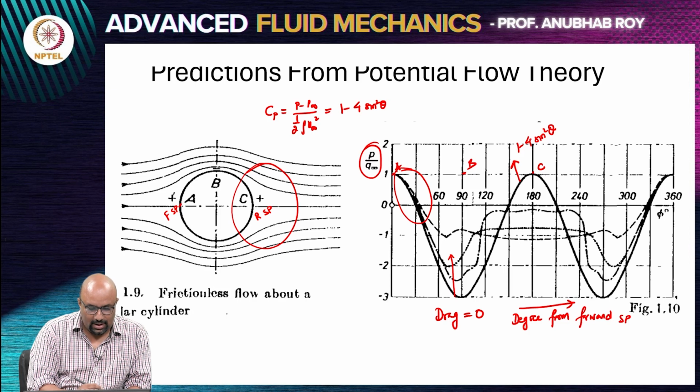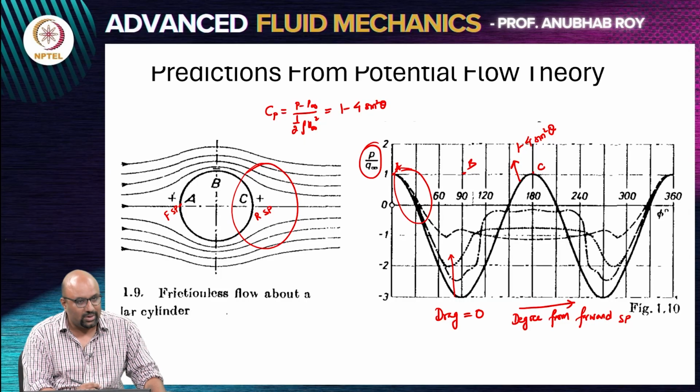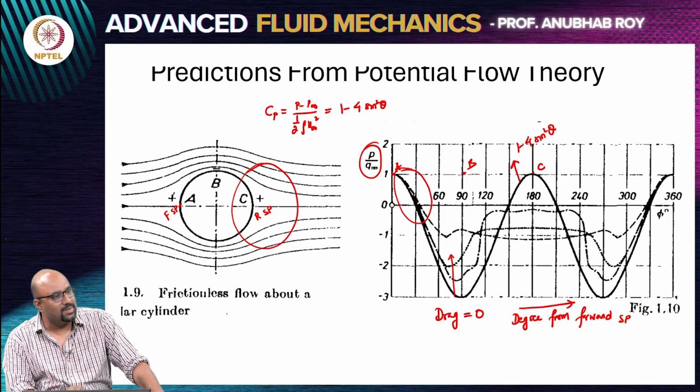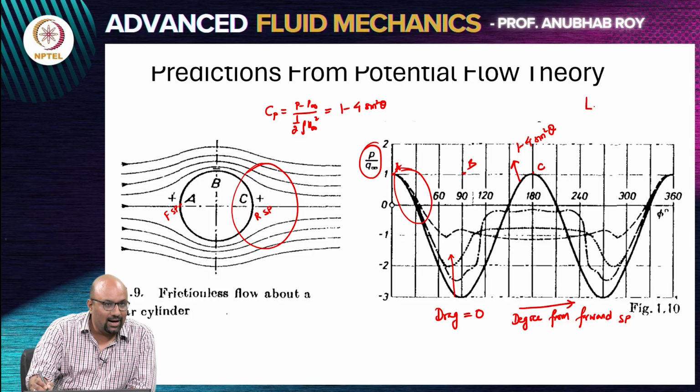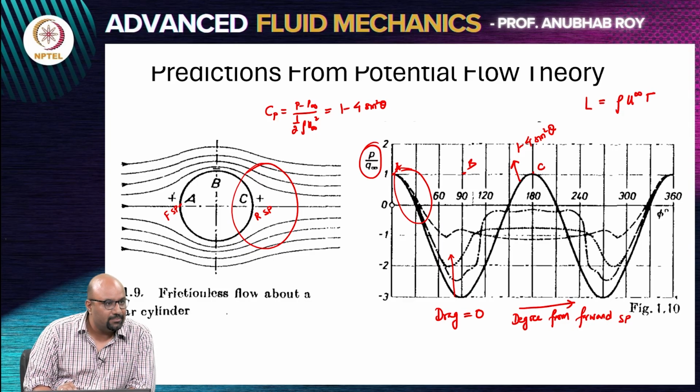But what about other quantities? We have also looked at various other quantities, being the lift that we calculated in class. We said that there was this remarkable result, the Kutta-Zhukovsky lift theorem, which gave us that the lift on a two-dimensional object was given as rho u infinity gamma.